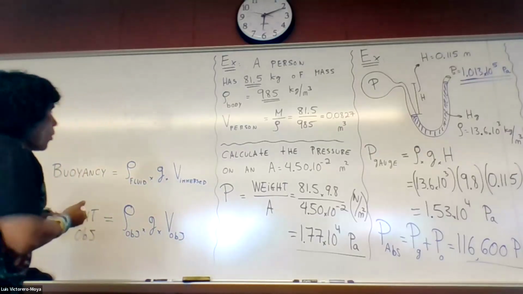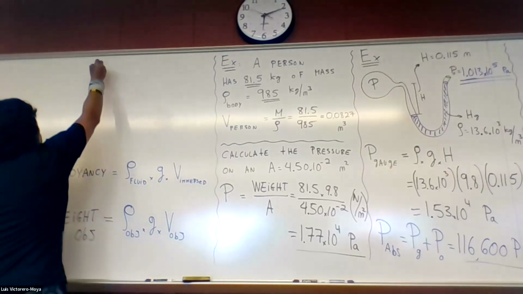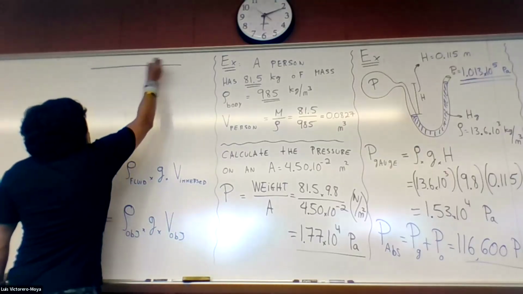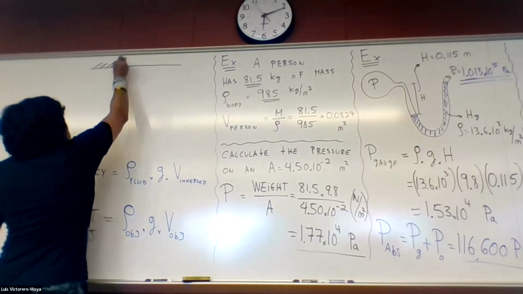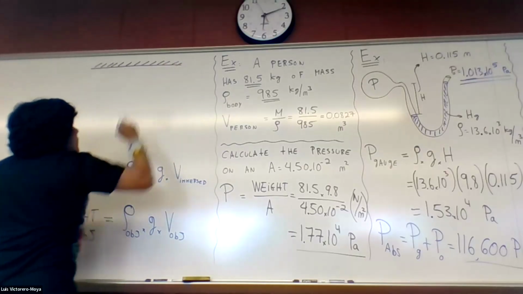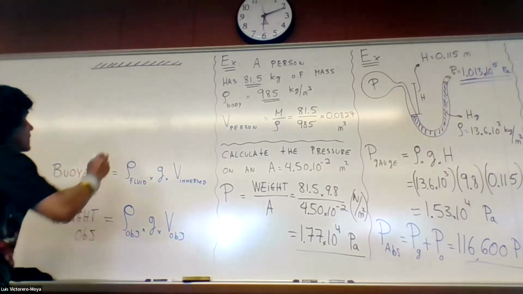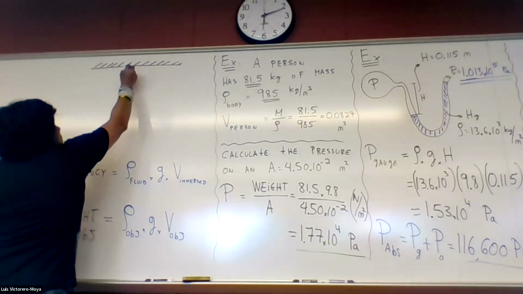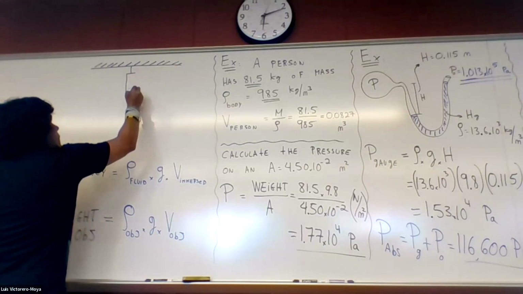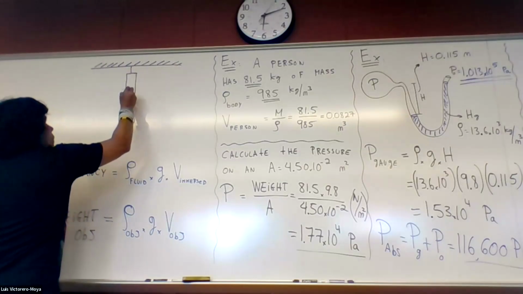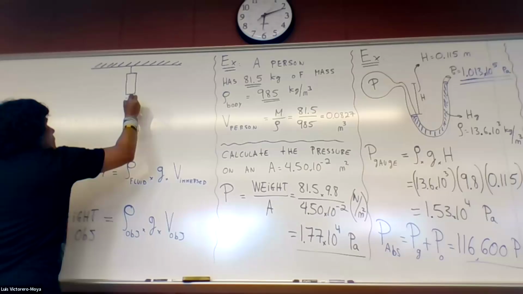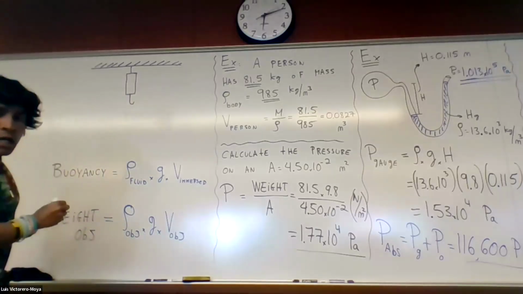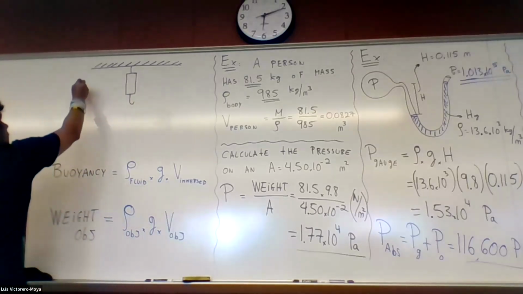One experiment that we can do to check buoyancy is by having a spring scale with a hook here, and you have a beaker.